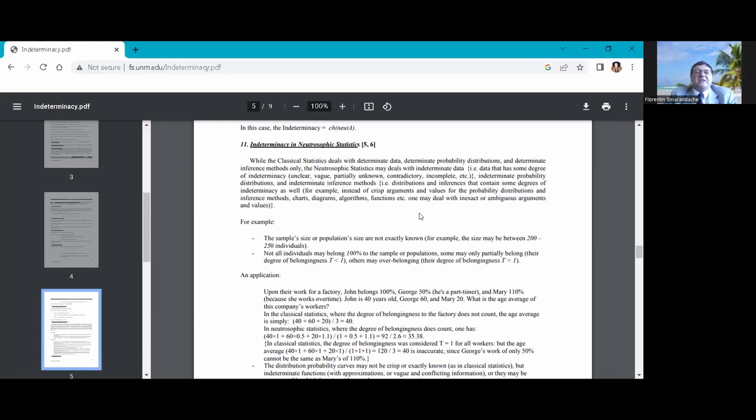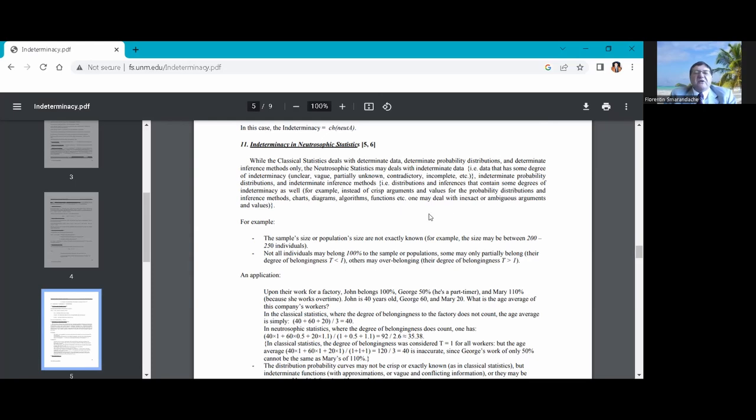Interval statistics is statistics based on intervals, where some indeterminacy is fixed using intervals, meaning the element is inside of an interval. But not all types of indeterminacy can be approached by intervals.